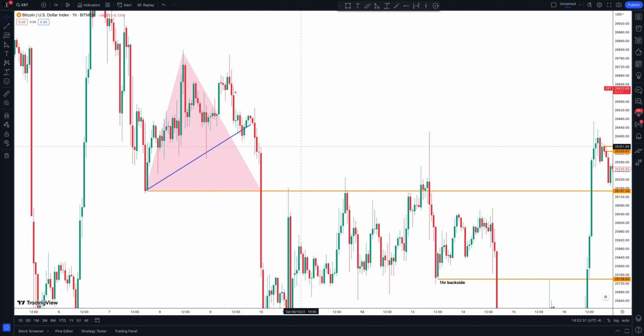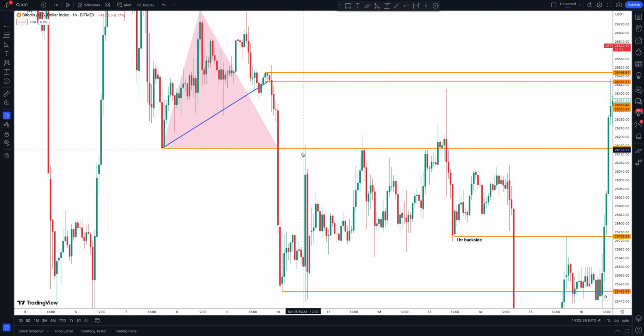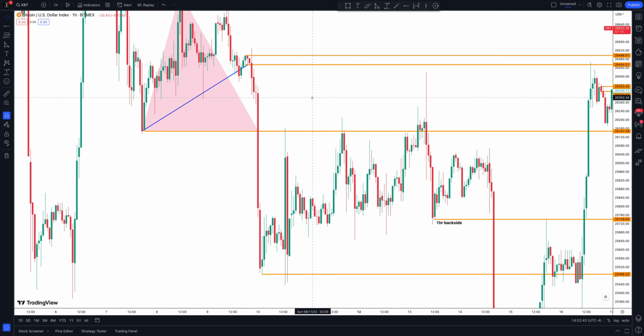A lot of you are so used to marking swing highs, swing lows. In my opinion, those are very basic levels, guys. You're gonna say, "Oh my God, why was there such a large wick here? It didn't test my swing high here on the 1 hour." Because you didn't mark your backside, okay?